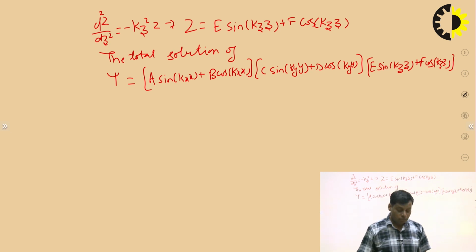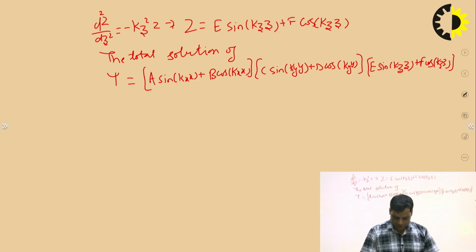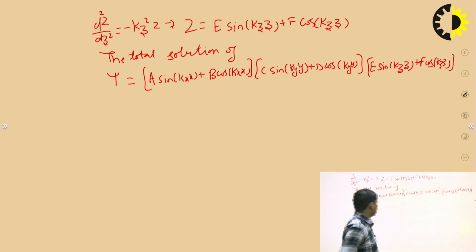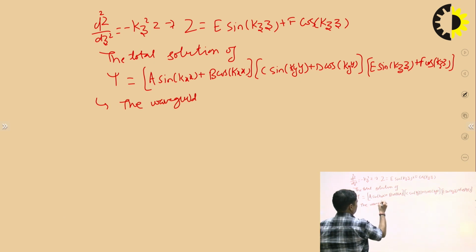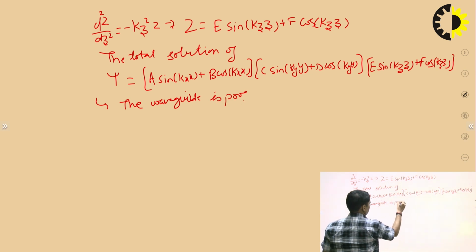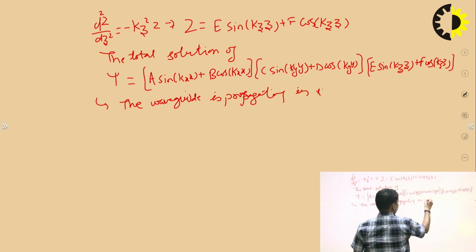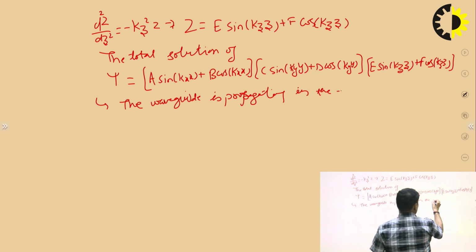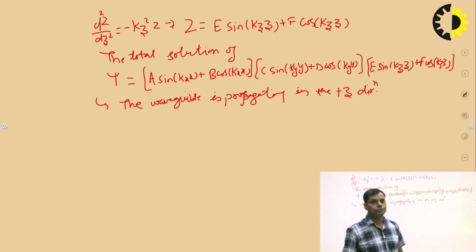Now after that, we can find that the wave propagating in the guide is assumed in the positive z direction. The waveguide is propagating in the positive z direction.